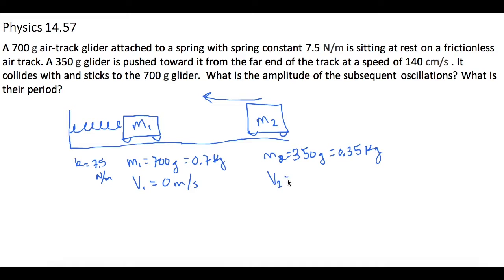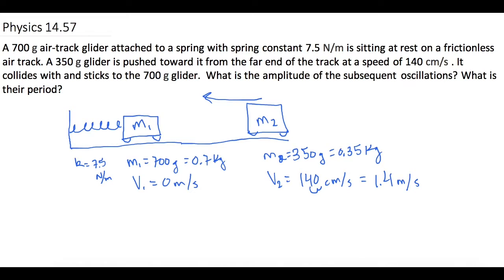Well, V2 first is 140 centimeters per second. I'm going to put that in standard units, so I move it over 2, so we have 1.4 meters per second. All right, so now first we need to figure out how much kinetic energy we have, and then how far the spring gets compressed.